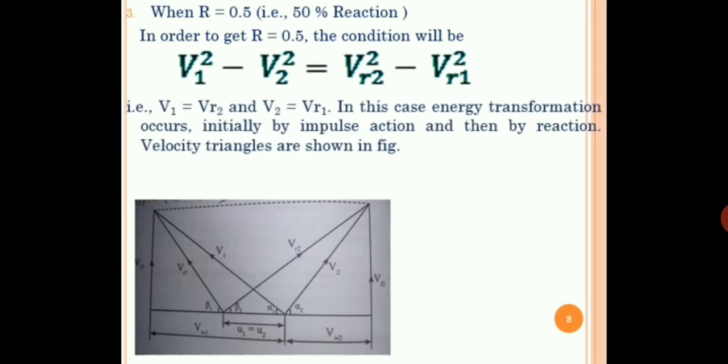That means V1 is equal to VR2, and V2, the absolute velocity at exit, is equal to VR1, the relative velocity at inlet. In this case, energy transformation occurs initially by impulse action and then by reaction. The generalized velocity diagram is shown in the figure.